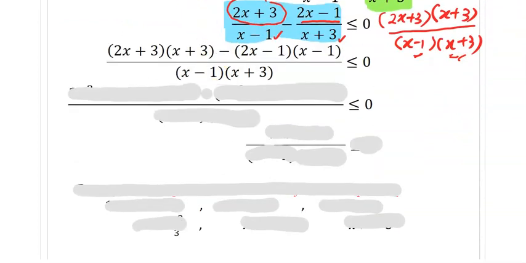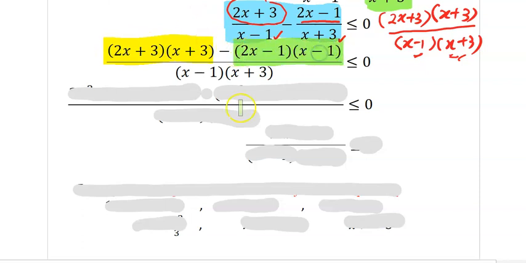Next, we would like to simplify the terms highlighted in yellow and green on top here. Let us first expand the part in yellow. I break the first bracket into two parts, 2x and +3, and multiply with the second bracket, so I have 2x² + 6x + 3x + 9.